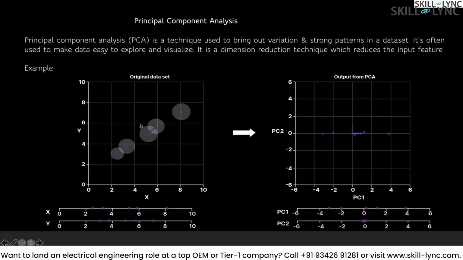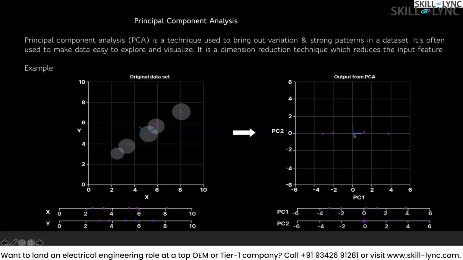Because that's quite simple to understand here. But when it goes multi-dimensional, it will be very difficult to analyze and to visualize. But here it's okay. That's the reason I've taken an example of two input features. So here, if you notice, we have done some linear algebra and then we have come up with PC1 and PC2.